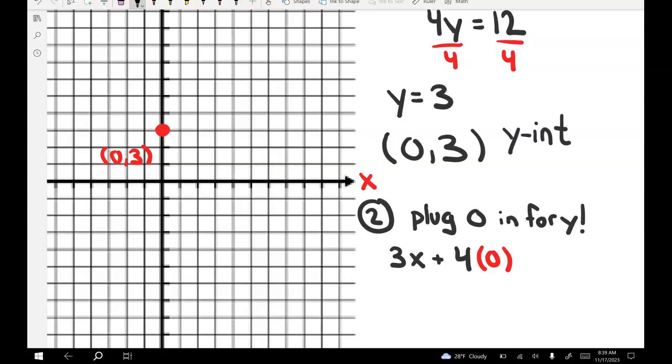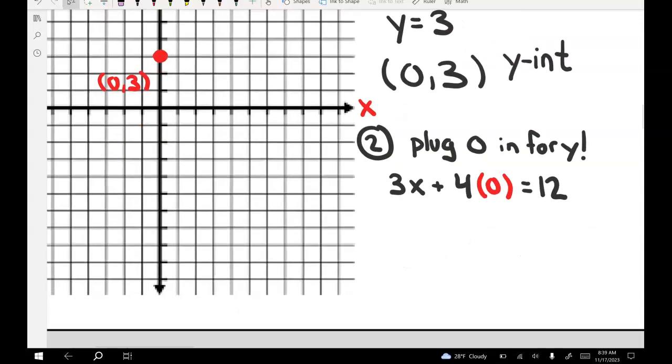And that's still equal to 12. Now we do the same thing. We simplify, and we got to figure out what x is exactly. 4 times 0 is going to be 0, so this goes away. And we're left with 3x is equal to 12.